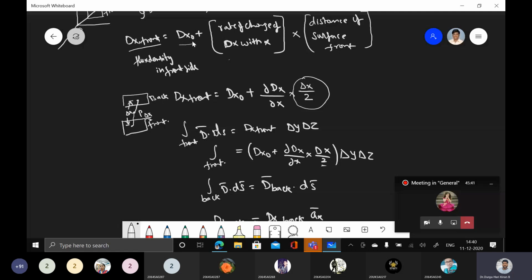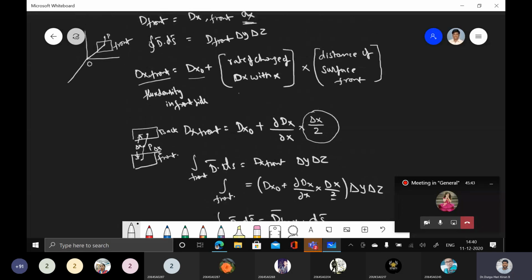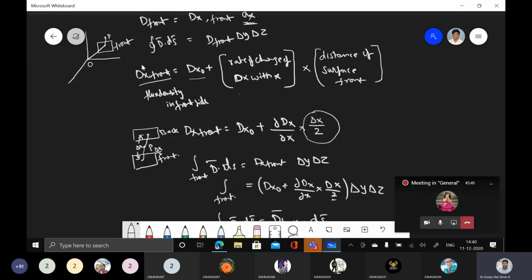Dx naught is the distance from this point to this point. For the remaining part, we take this distance into the rate of change of Dx with respect to x. This is the rate of change of the flux density. It is very simple.